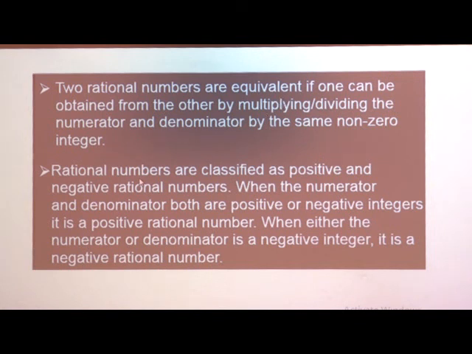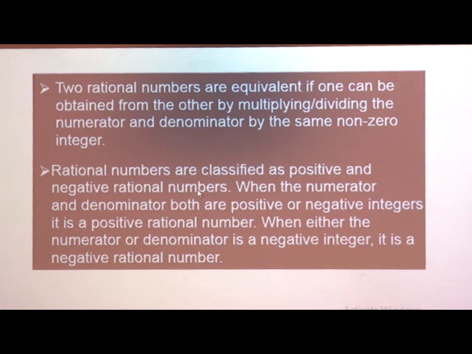So, rational numbers are classified as positive and negative rational numbers. When we were explaining rational numbers, we had imagined a number line.